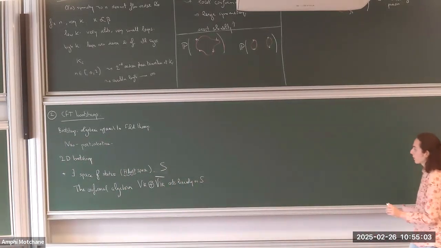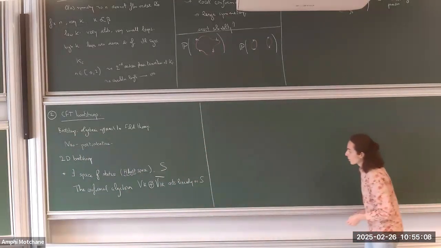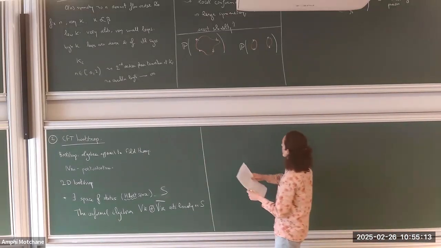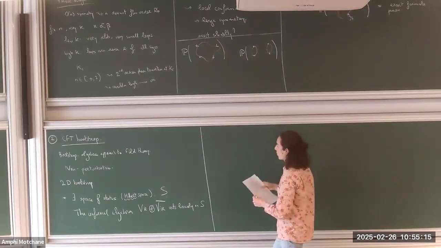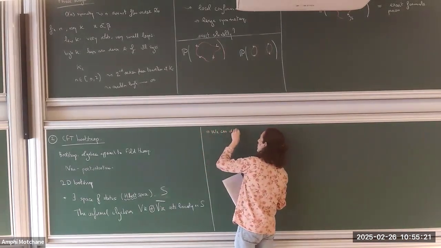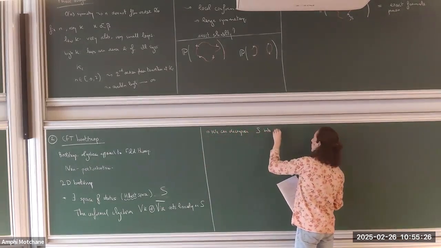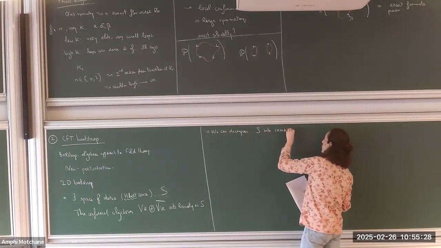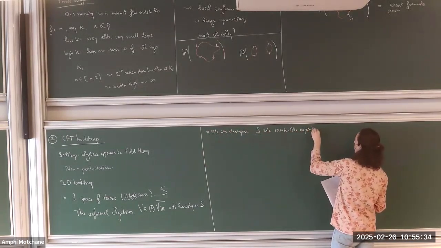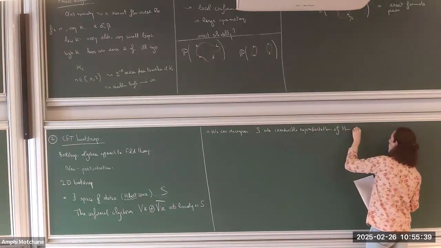We have a certain linear space which contains all of the states of the theory, and the symmetry algebra acts on the space. So as is usual, when we have an algebra acting on a space linearly, we can decompose S into irreducible representations of the algebra.